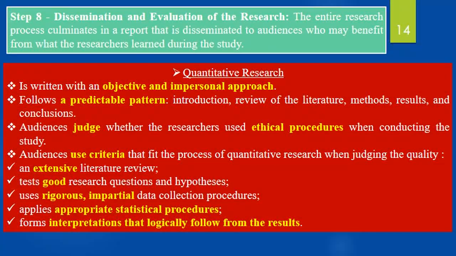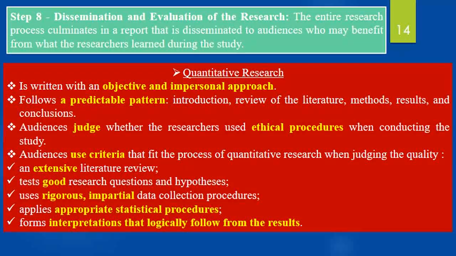Quantitative researchers typically report their research studies without referring to themselves or their personal reactions. That means quantitative researchers are more objective and unbiased in their dissemination, in their entire reporting of their research studies.